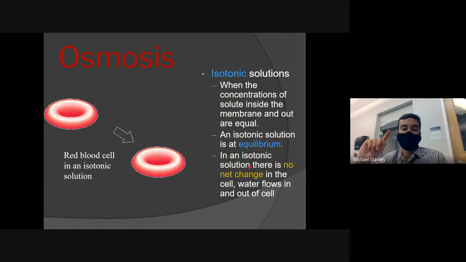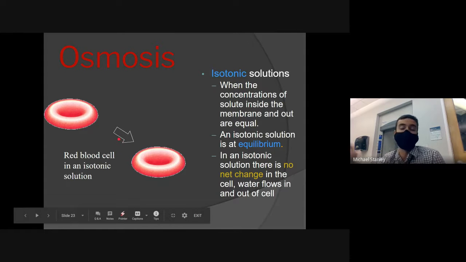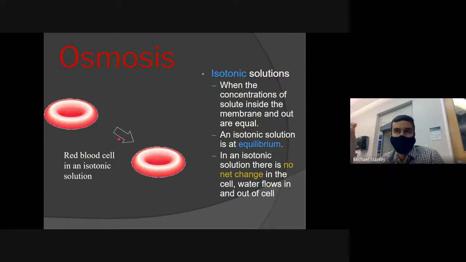So if water leaves the cell, water is going to go back into the cell at kind of the same rate. So there's always going to be the same overall amount of water outside and inside this cell. We're not going to have any changes of the cell swelling up and getting big or drying out and becoming all shriveled up because the water is going to stay the same for the most part.